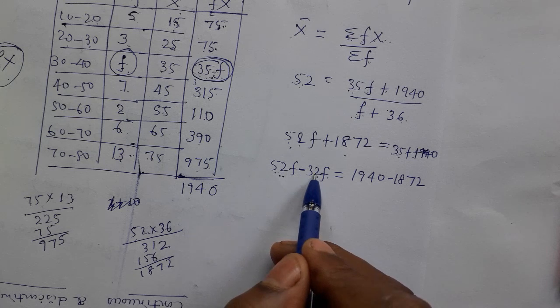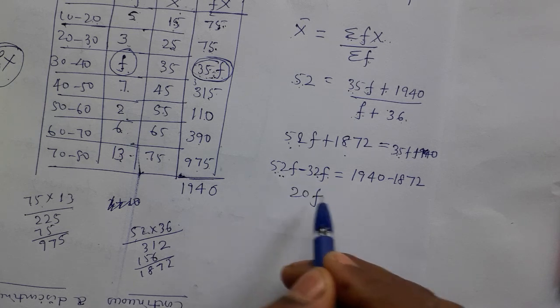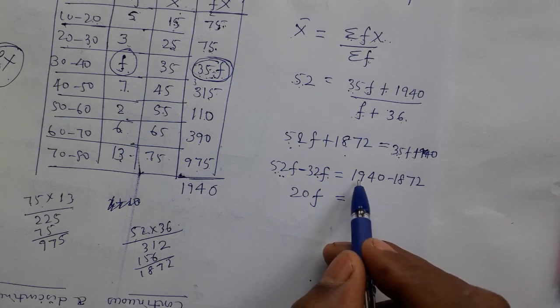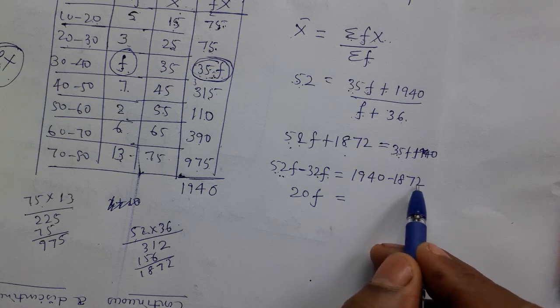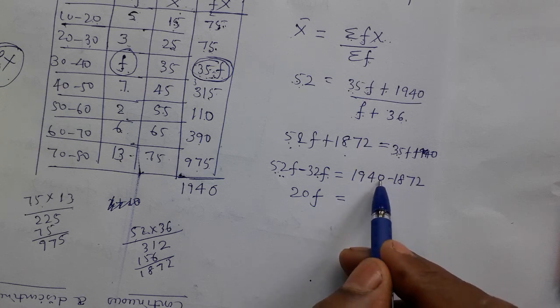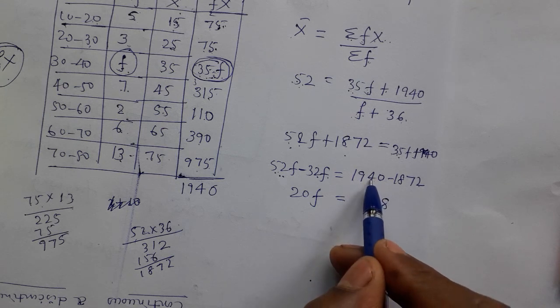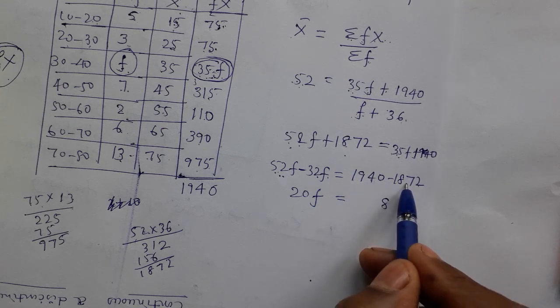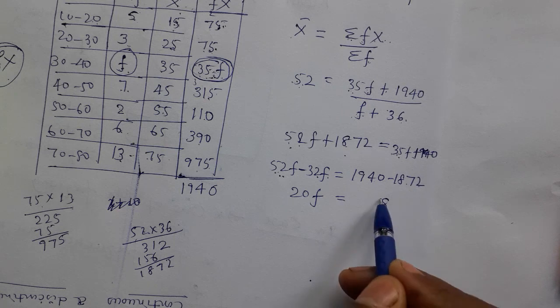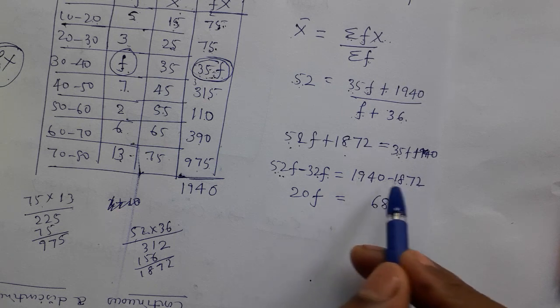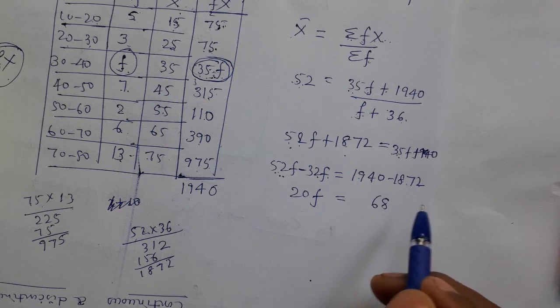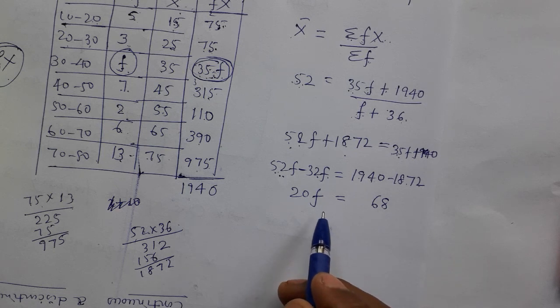In 52, 32 is subtracted, it becomes 20f is equal to 1940, and 1872 will subtract now. 0 minus 2, it is 10 minus 2, become 8. Here 3 minus 7, nothing but 13 minus 7, it is 6. Here 8 minus 8, it is 0. So that's it. F is equal to 68.